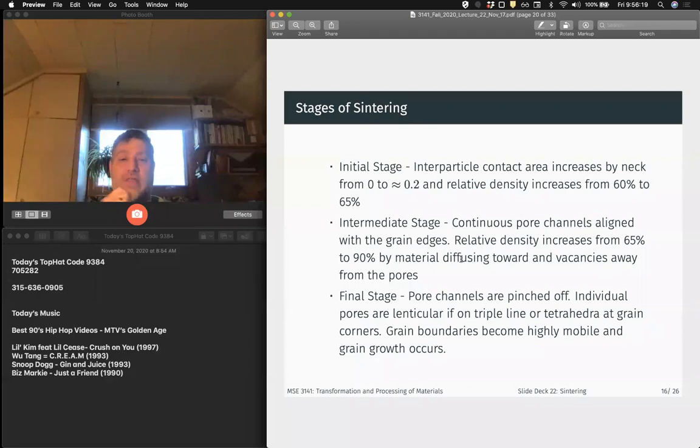And this is where we're diffusing material towards the pores and vacancies away from the pores, right? In our final stage, our pore channels are pinched off, and we're left with individual pores that can be lenticular if they're on the triple line of the polyhedra, right?